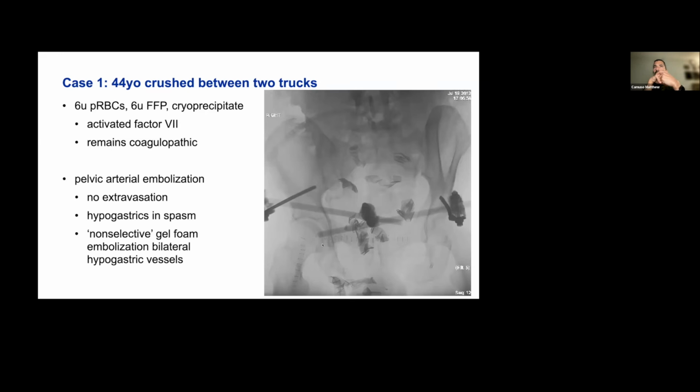As is not uncommon in all of our institutions, they have to do something. So non-selective gel foam embolization of both of those vessels is performed, with the presumption that they're in spasm because they've been bleeding all this time, and that the gel foam will find its way to the end divided vessels and create some sort of hemorrhage control.